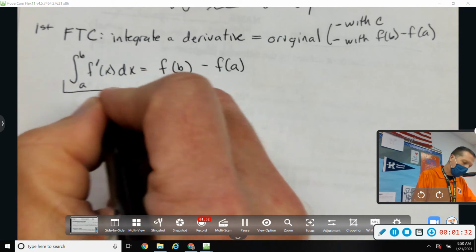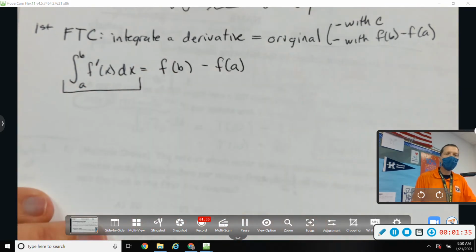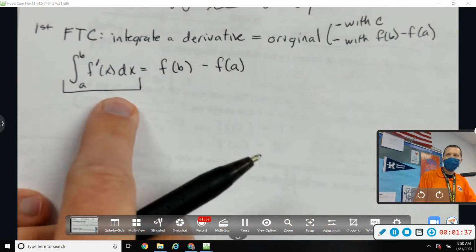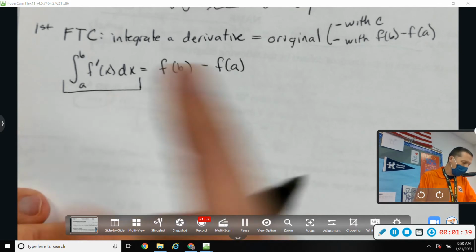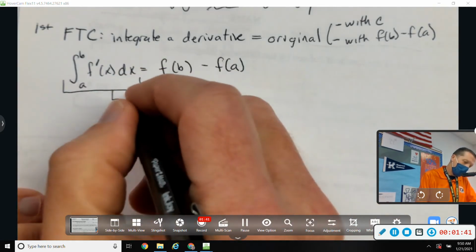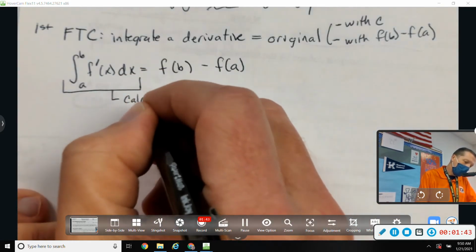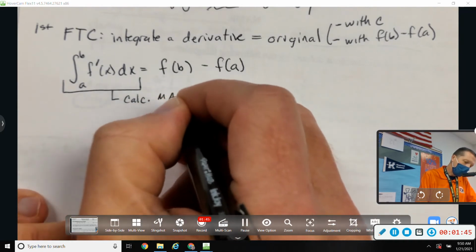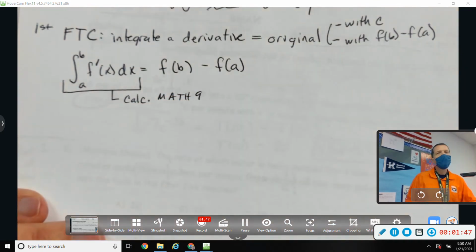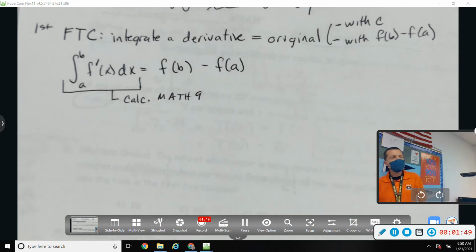And then, sort of review here, evaluating that, there's at least 3 different ways to evaluate it. Probably our favorite way is with the calculator in Math 9, right? Because then the calculator just does it all for us.